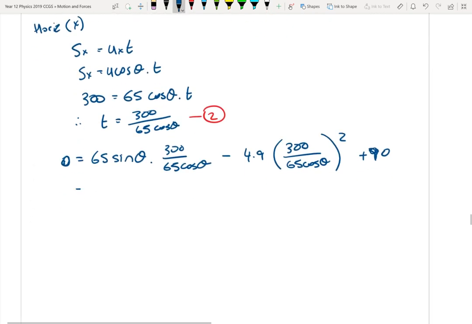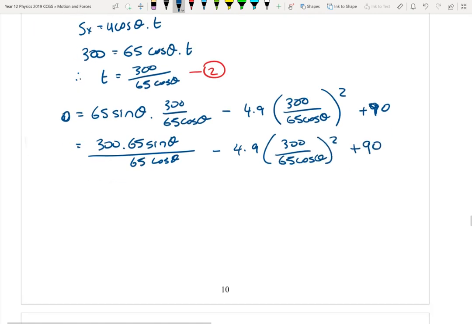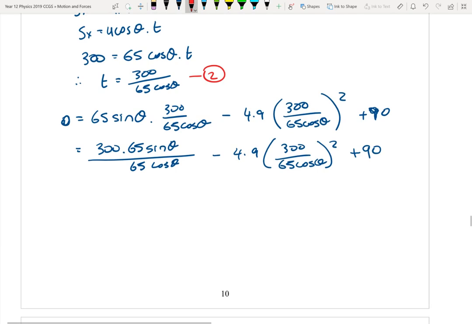No. What do we get here? We get 300 sine theta on cos theta, plus 90. We might be able to cancel out our 65s, I think. Are we happy with cancelling that out? Yep. So we get 300 tan theta.